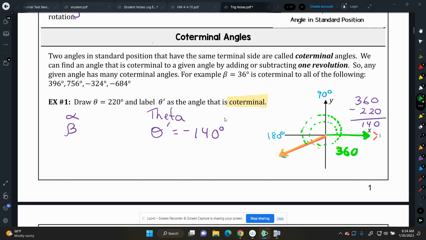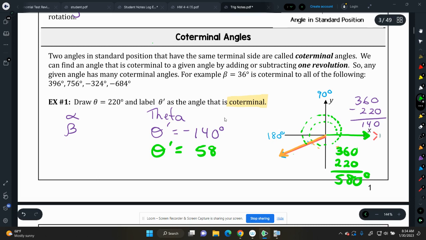I would end up at the same coterminal position, the same terminal side. So 360 plus 220, 580 degrees is another coterminal side. I can keep adding 360 and I get to the same coterminal side.